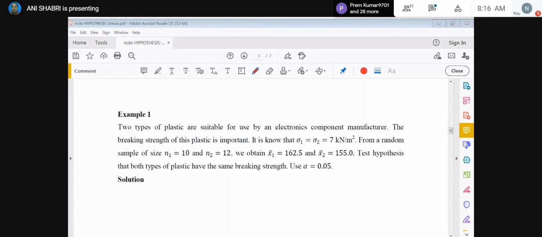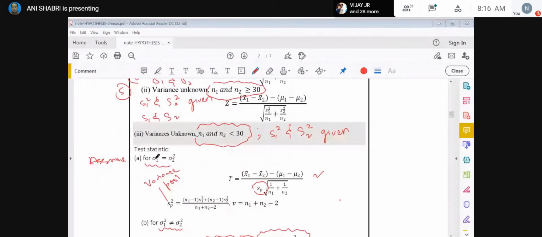Okay, look at example 1. If you look at example 1, which formula is suitable? We have formula number 4, number 5, and number 6. Number 6 has two parts.